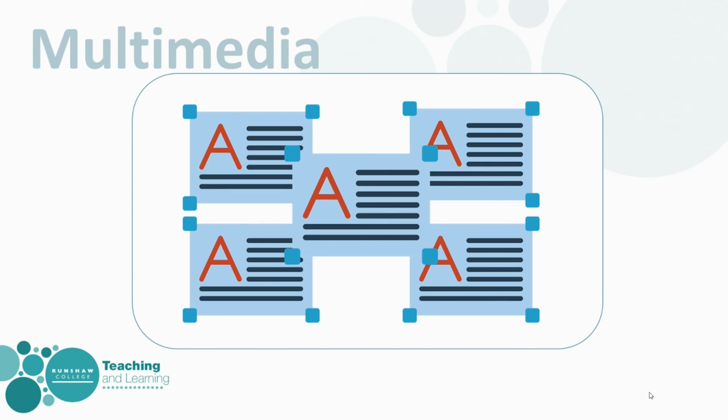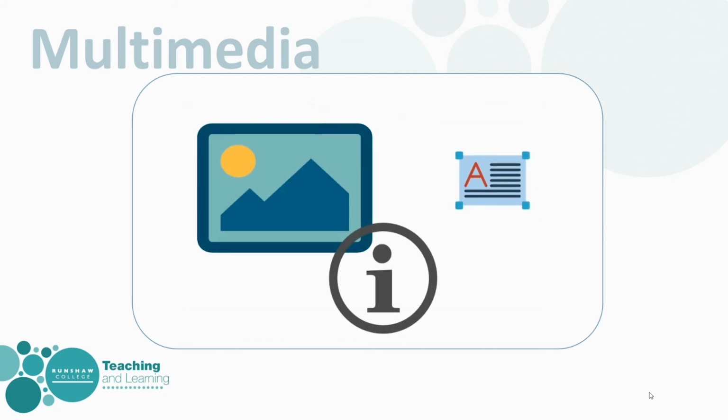In a similar vein, we want to avoid using simple singular stimuli. So I've gone for the example here of just loads of text. If you hand a student a page full of text explaining something, the learning that takes place there isn't going to be as good as if you provide the information in a multimedia approach.